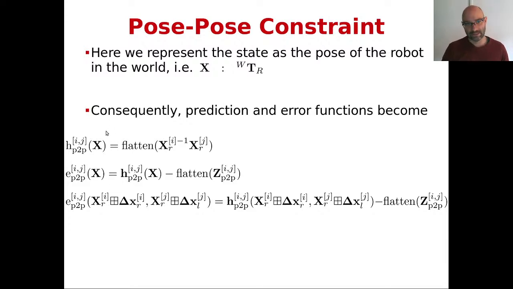It is the flattened version of the transformation matrix obtained by expressing the robot position j in the reference frame of the robot position i. The error is just the difference between the prediction and the observation, and the Jacobians follow and have been expanded in the previous lesson.